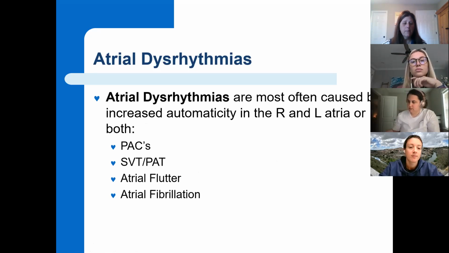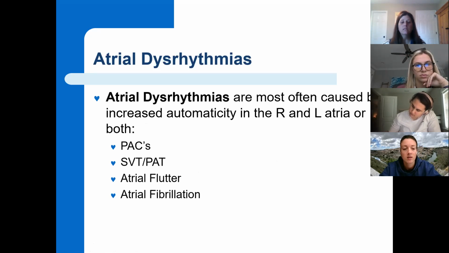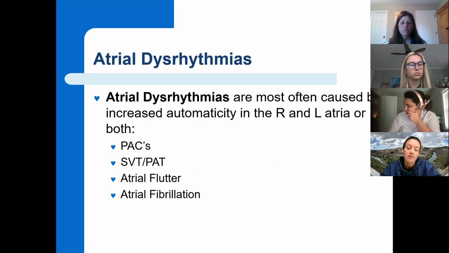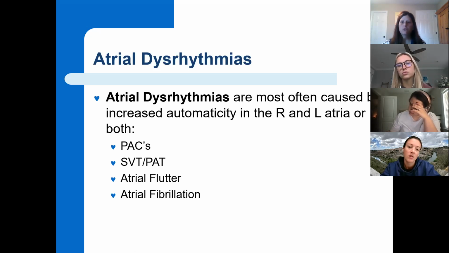Now, what's happening when you get into atrial dysrhythmias is that you have some increased electrical activity. As I said, the automaticity, meaning it generates its own electrical activity. Remember, our myocardial cells can do that for us. With atrial dysrhythmias, if the SA node fails to fire, another site in the atria can start that electrical impulse. It's like some sort of irritable foci. If somebody maybe had some sort of heart surgery, it could be scar tissue that's there.